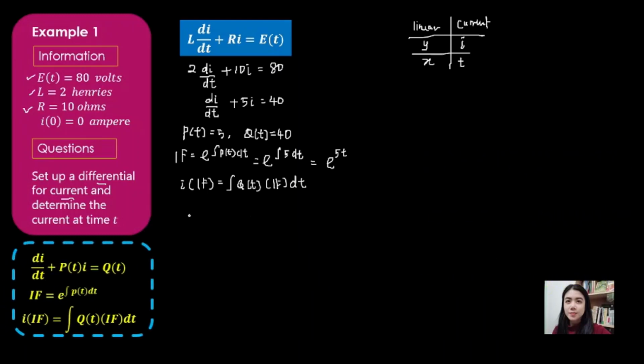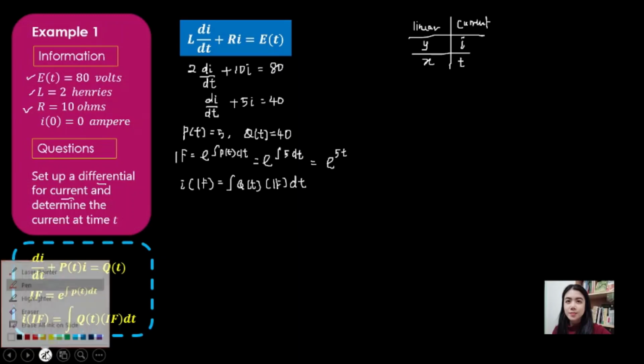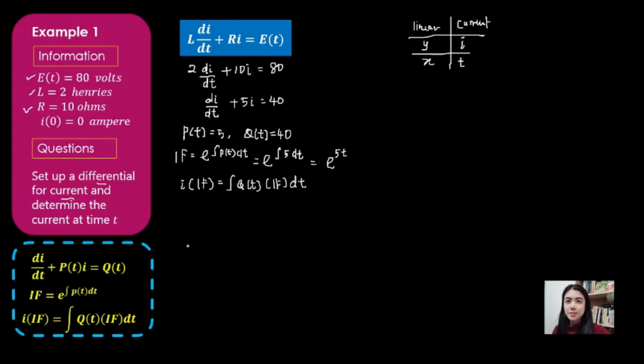Now let's do the substitution. Let me use the yellow color to solve this one. So we have I multiplied by the integrating factor, which here is e to the power 5t, equals the integral of qt, which is 40, times the integrating factor, e to the power 5t, dt.